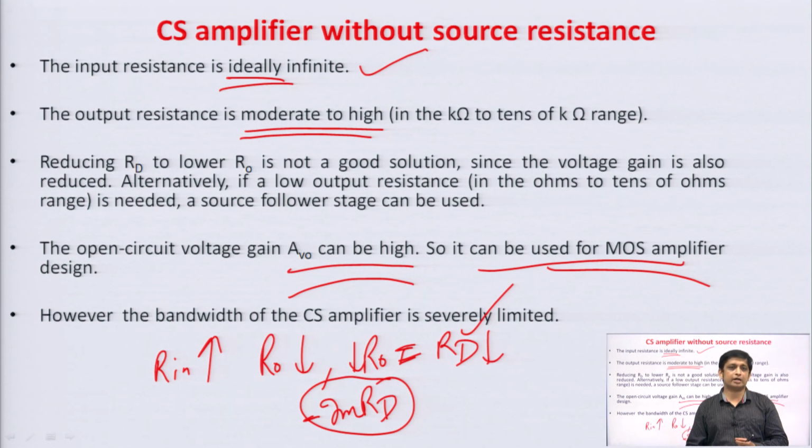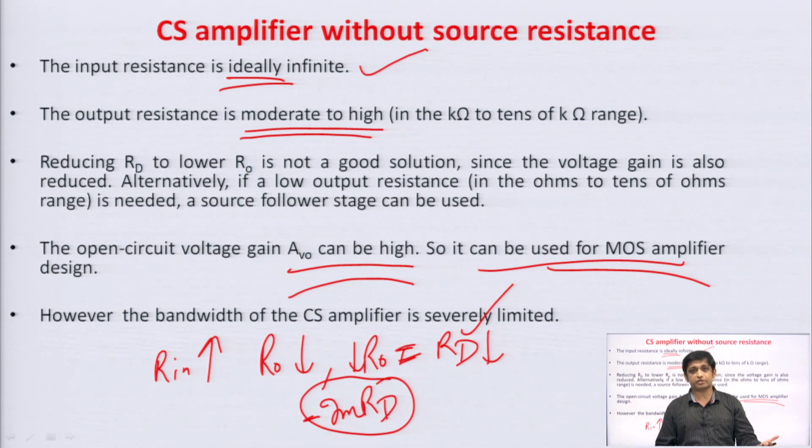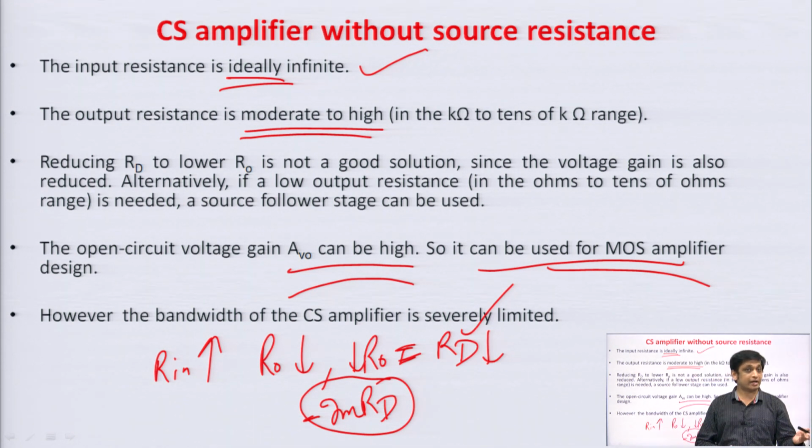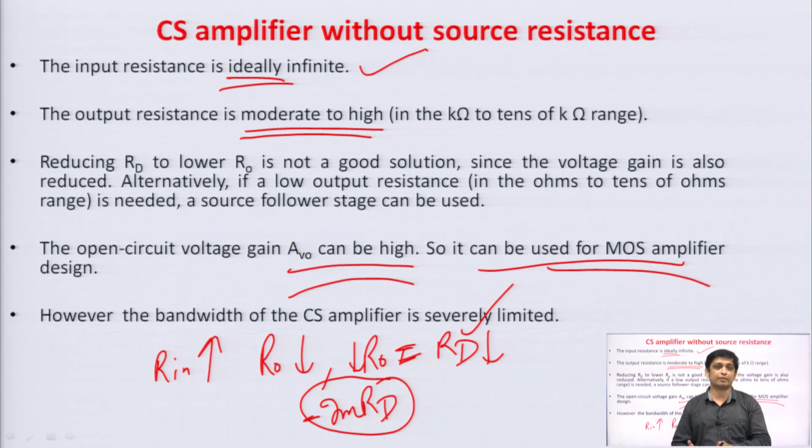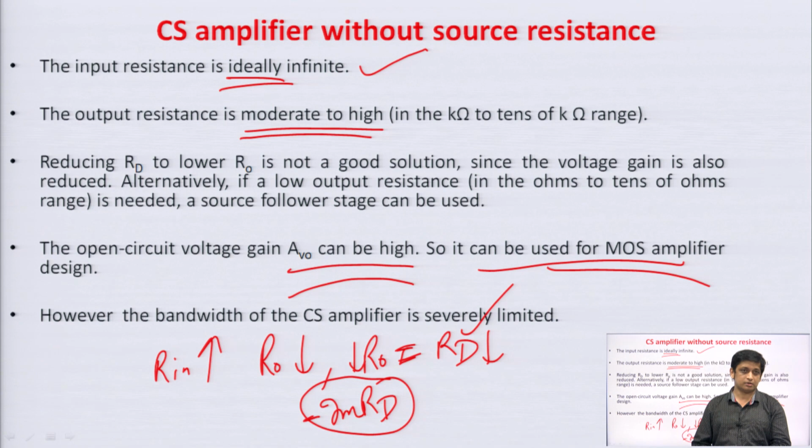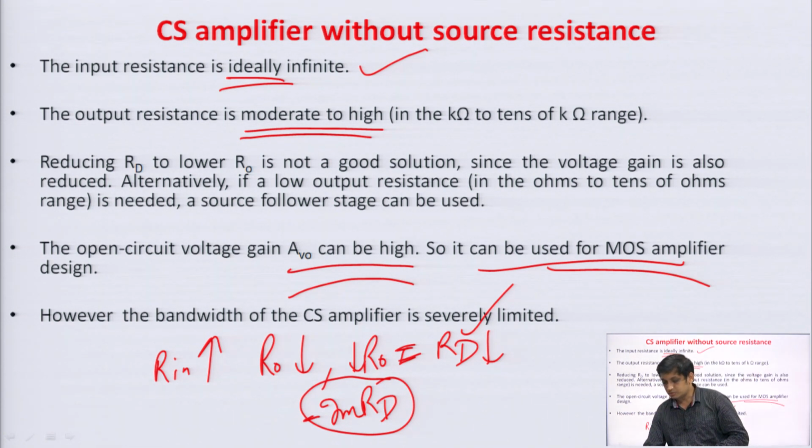We use common gate along with common source to design the cascode amplifier, which I will discuss in the next unit, unit 2. That is the combination of common source and common gate, where we will see the advantage of common gate. But if we simply want a voltage amplifier, we select common source, not common gate, because for common gate the input resistance is very low.